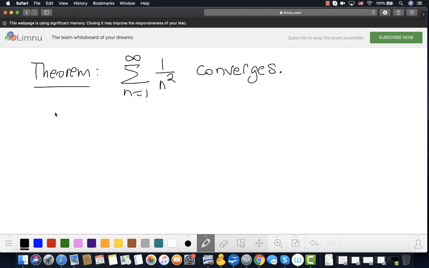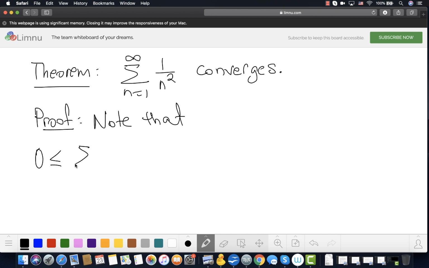Okay, so the proof is going to be an application of a comparison as follows. So note that, first of all, everything is positive. All the terms are positive, because you're just adding 1 over n squared. And so we know that it's at least positive.